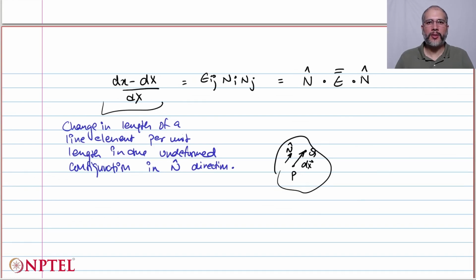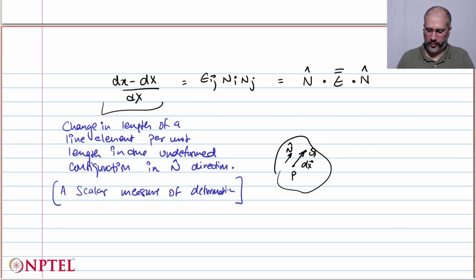So this is another scalar measure of deformation. Epsilon is a tensor, but for understanding more intuitive or measurable quantities, we talk about some scalar measures, and this is one of those scalar quantities that we can measure. There can be others as well.